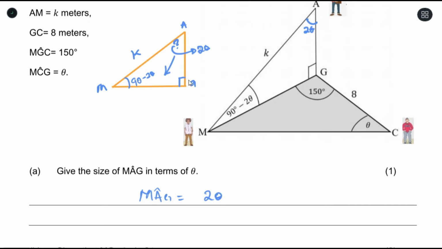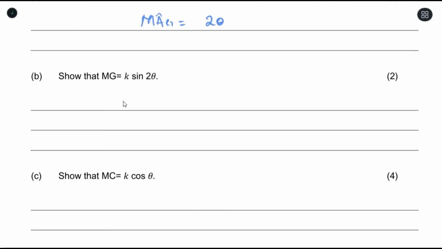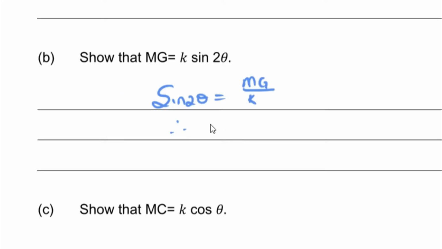This is my opposite, that's my hypotenuse, so I could use sine. I could say sine 2 theta is equal to MG over K, and therefore MG will just be K sine 2 theta, and that's exactly what they wanted.